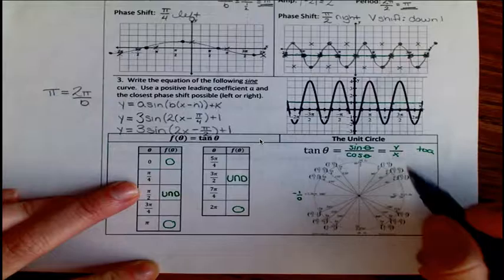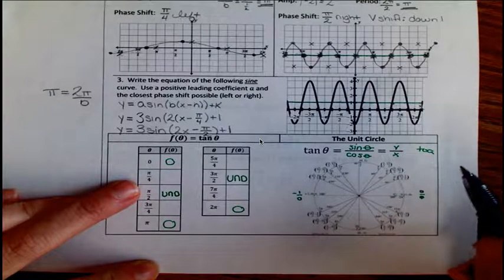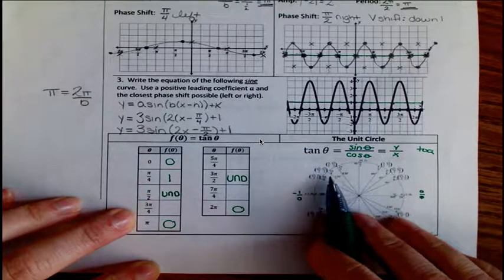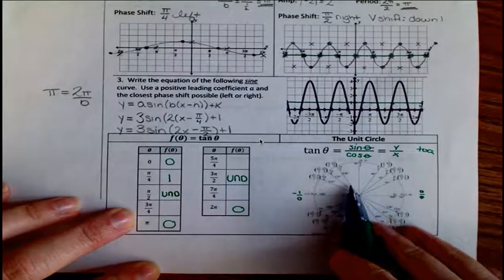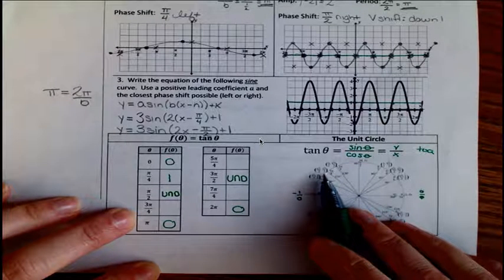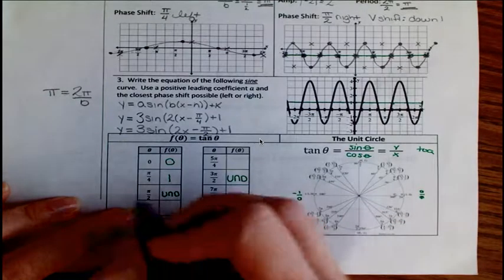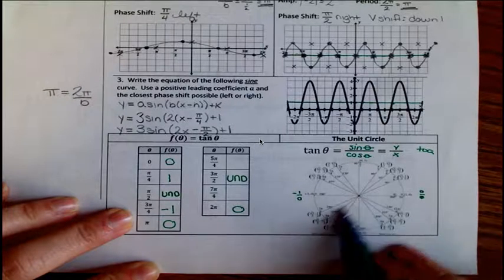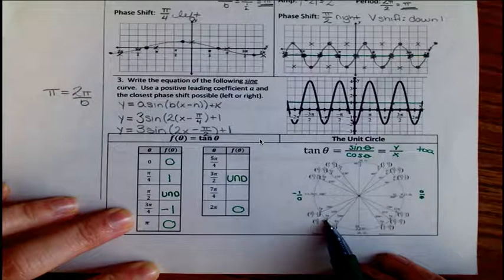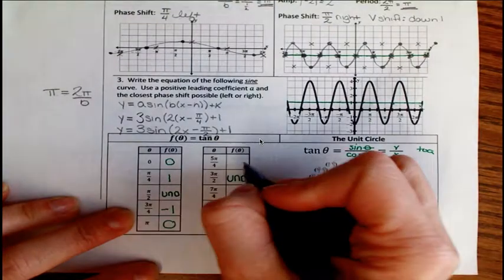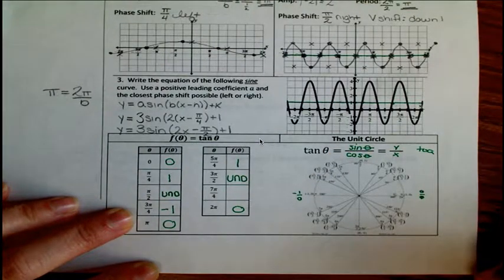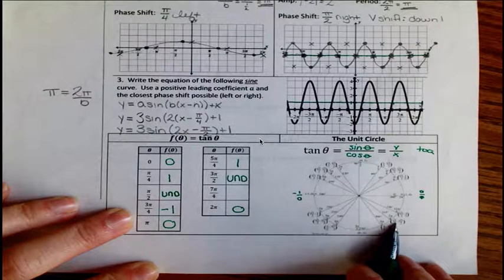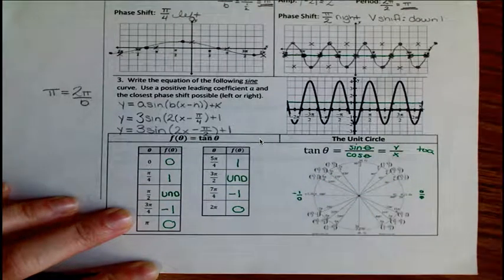In this quadrant, it's the same: positive square root of 2 divided by positive square root of 2, and that's 1. 3 pi over 4 is going to be right over here, negative divided by positive, so we're looking at -1. 5 pi over 4, that's right here, 225 degrees. That's going to be negative divided by negative, which will be positive. And lastly, we'll have a negative divided by a positive, which will give us -1.